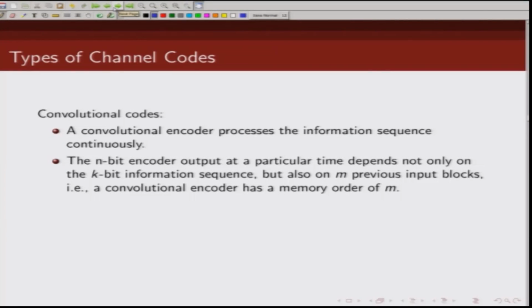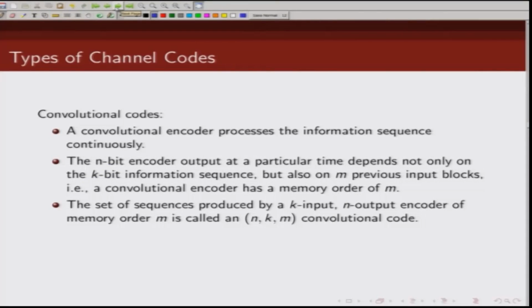So, if we have an (n, k) convolutional code, where k is the number of information bits and n is the number of coded bits, we have another parameter which we call the memory order, which signifies how many past bits, or what past information, has been used to generate the current output.